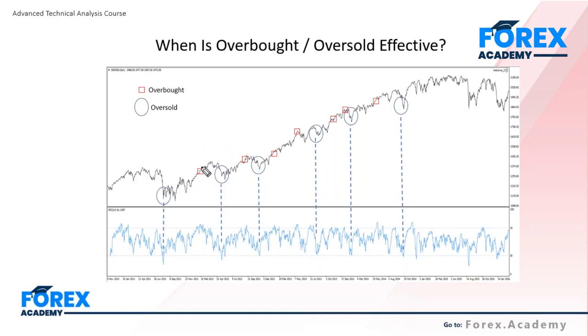What I've also highlighted in this chart are certain instances where the market is overbought, to illustrate the fact that in an uptrend, overbought readings are less effective than oversold readings.